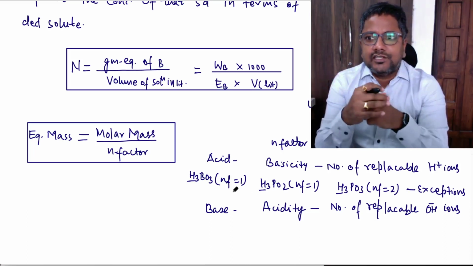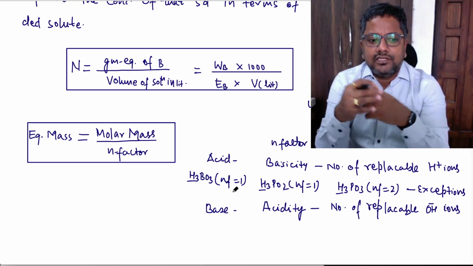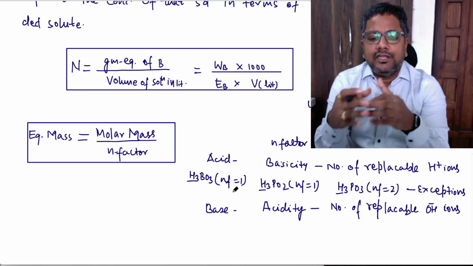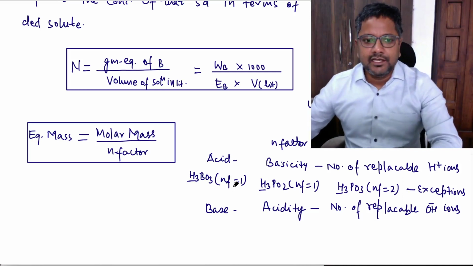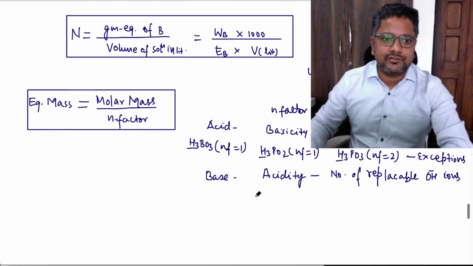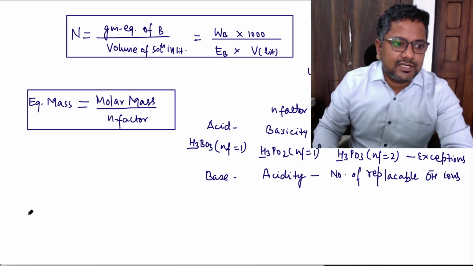But if a reaction is given, then in the case of a reaction you have to closely monitor how many hydrogens are replaced there. For example, suppose we have H3PO4 and no reaction is given.